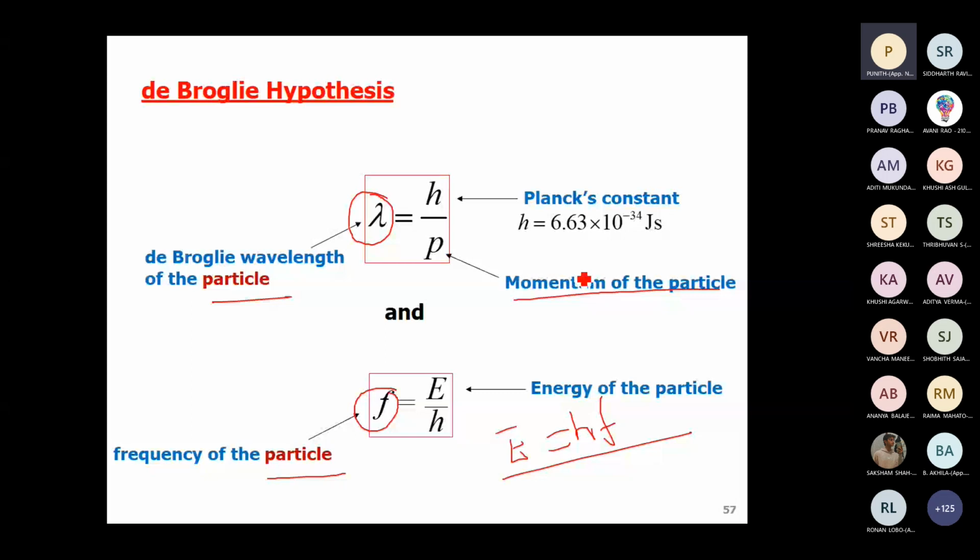Now suppose we take an electron as the particle. It is accelerated through a potential of delta V and has a non-relativistic kinetic energy.